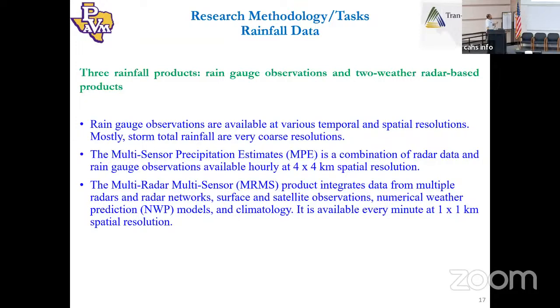We also used the multi-radar, multi-sensor product, which integrates data from multiple radars and radar networks. Most of this work was conducted by the University of Texas at San Antonio, and they gave us the raw data, and then we incorporated those into the IDF and then into the numerical simulation.